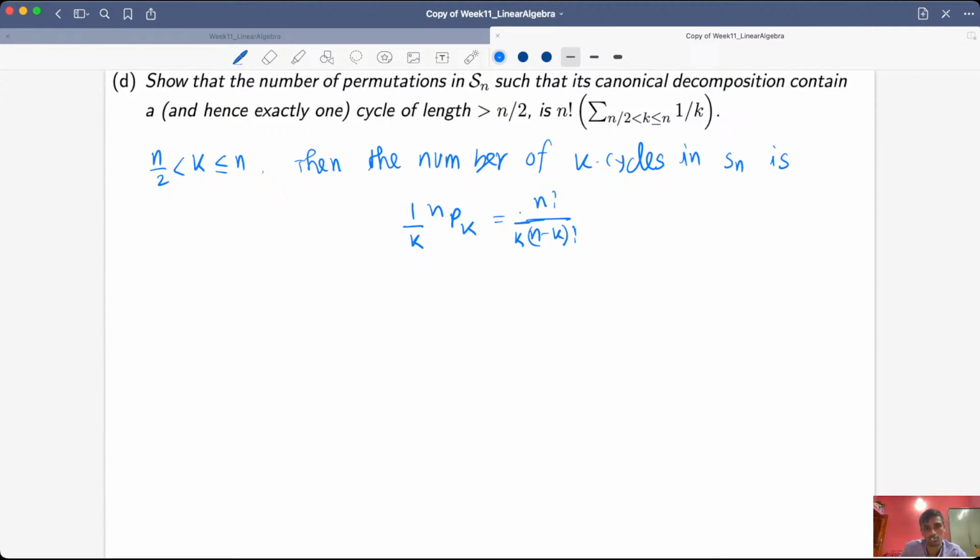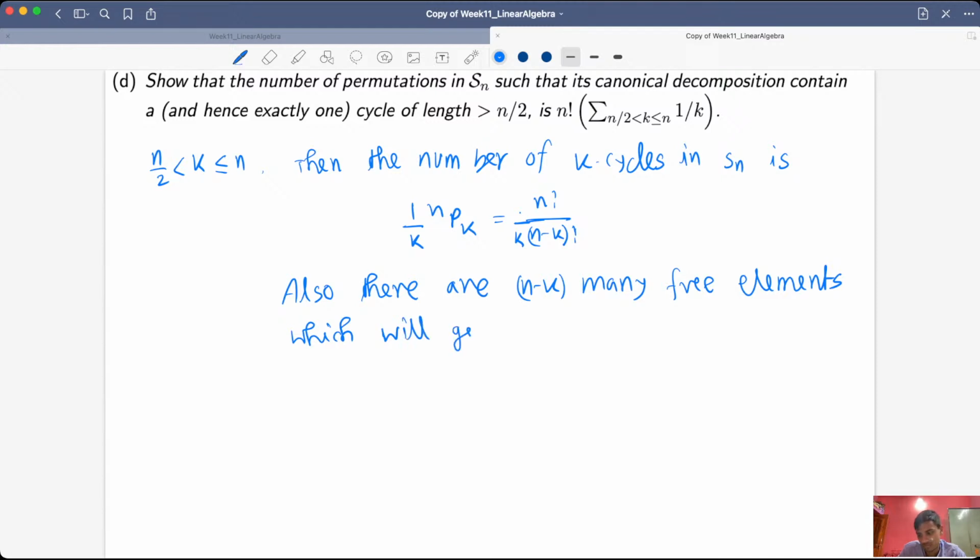So there are n minus k free elements, which will give us n minus k factorial many elements of Sn. Hence, for each such k-cycle I can choose any of n minus k factorial many permutations of the remaining n minus k letters, right?